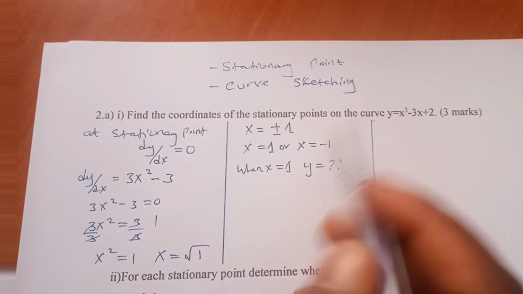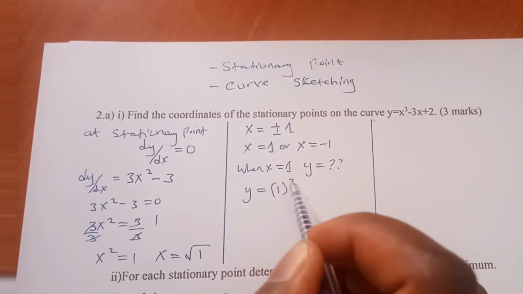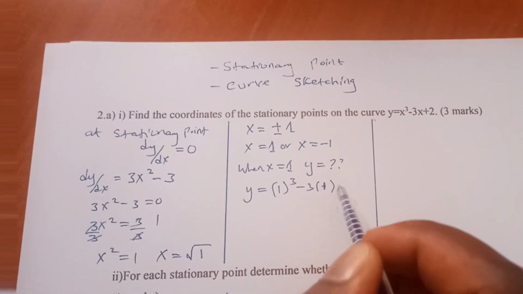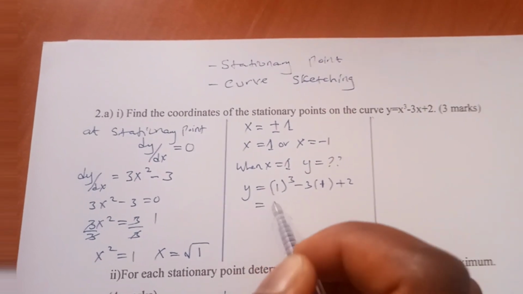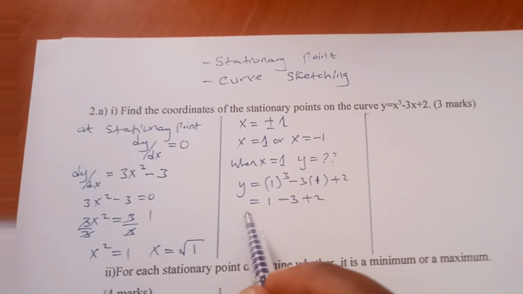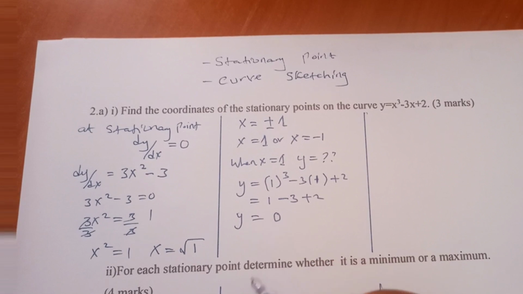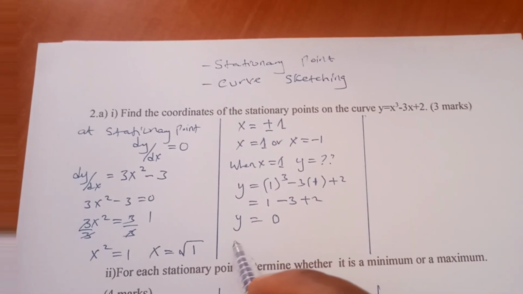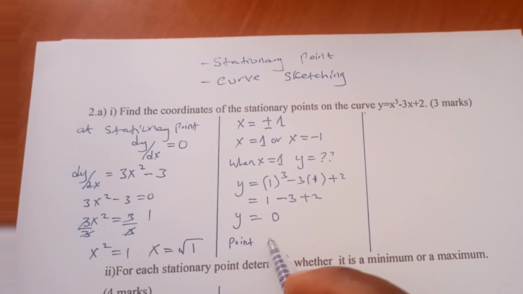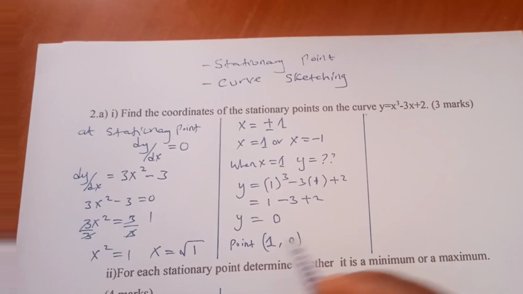Using the original equation, 1 cubed minus 3 times 1 plus 2, we get y is equal to 1 minus 3 plus 2, which is 0. So one stationary point is therefore (1, 0).